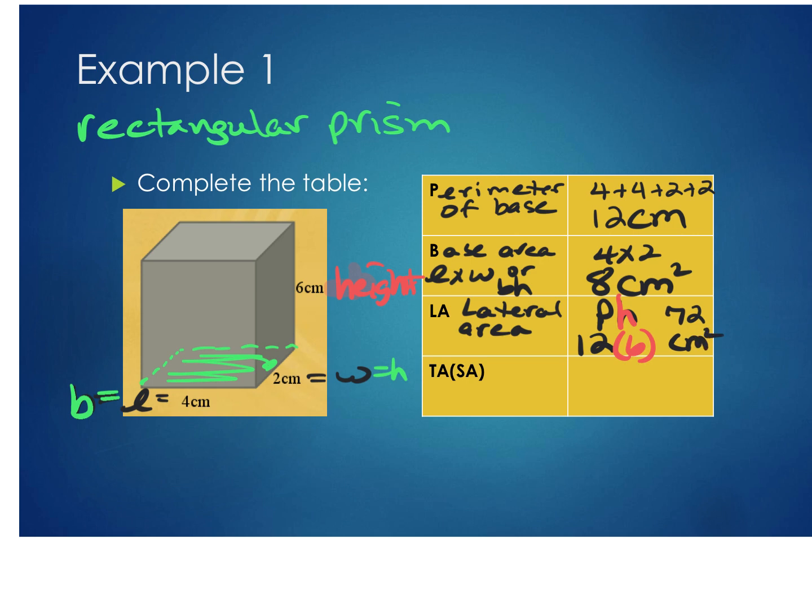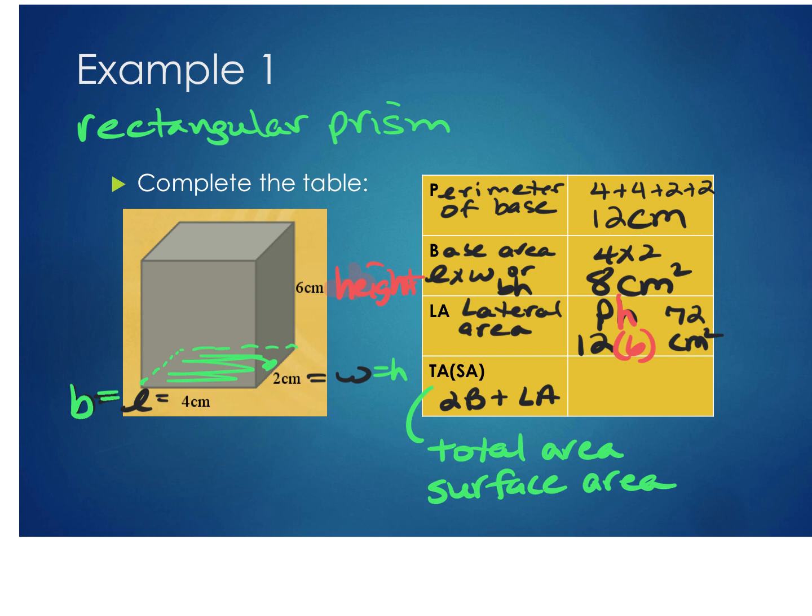So remember, any area calculation has the units squared. And now lastly, for total area or surface area, TA stands for total area and SA stands for surface area. They mean the same thing. So that formula is 2 times the base area plus the lateral area.